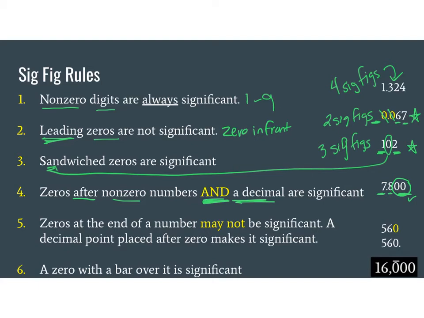Because the 7 and 8 are ahead of them, that satisfies the first part of this rule. But it has two parts. Is there also a decimal in front of them? When I look right here, yes, there is a decimal. So we can check off both parts of this, and that means that these zeros are significant.